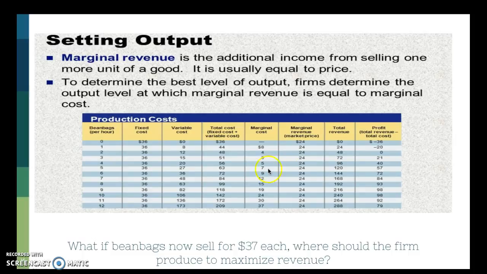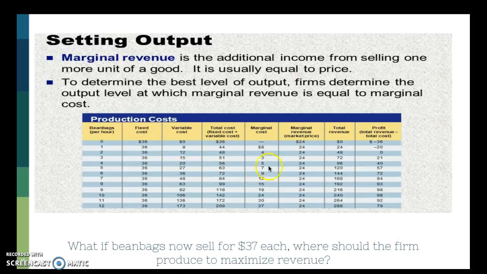We are going to make a profit still if we're making 5 beanbags, so 7 times 5 would be $35, which is still more than this variable cost of $27. We have to pay this $36 no matter what. So if you're looking at it and going, but what about the 36? Even if I'm making 0 beanbags per hour, I've got to pay the 36, right? But I could at least be making a little bit of money to pay for that variable cost at 35.